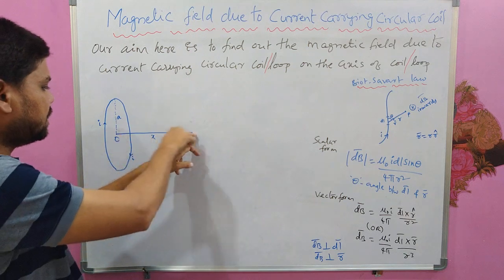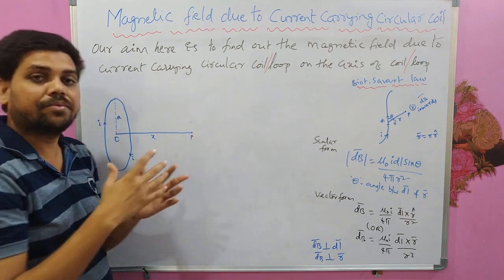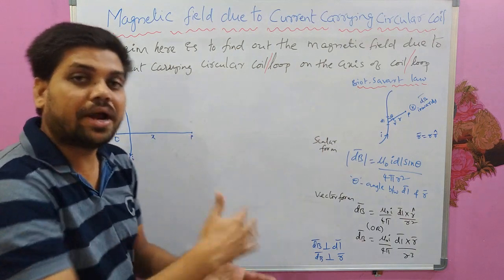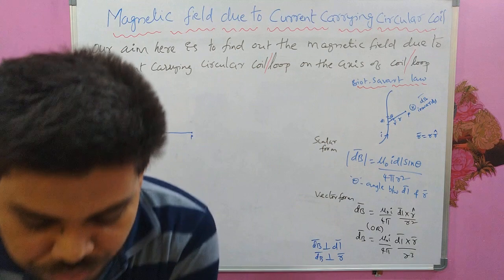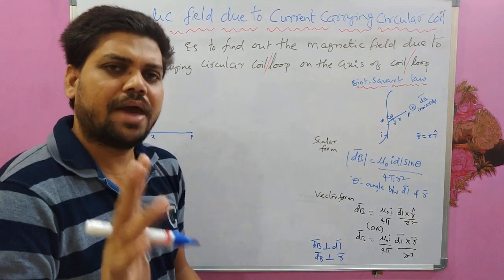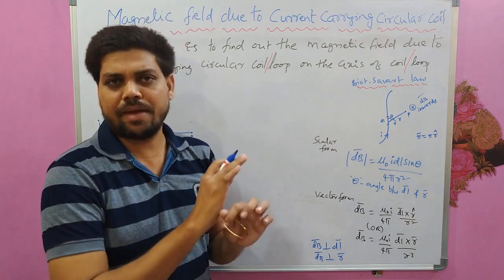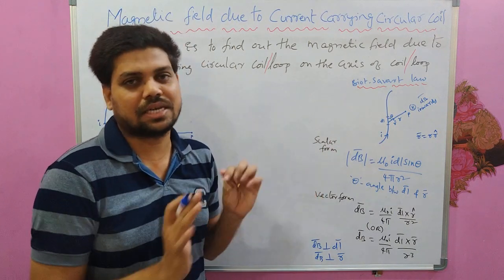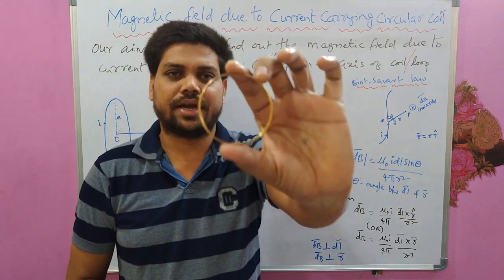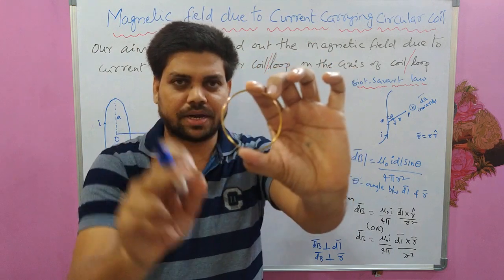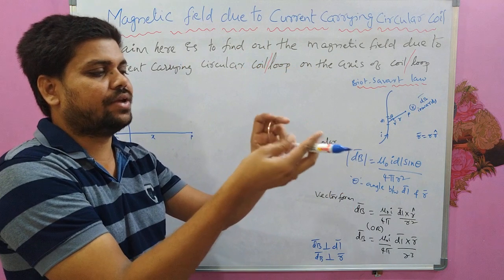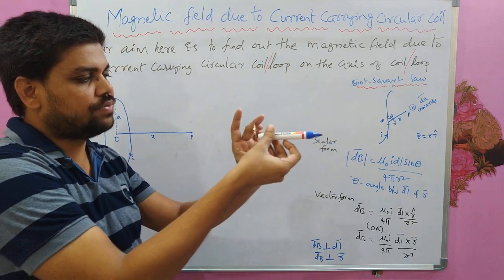For example, if this is the axis of this circular loop, I am going to calculate the magnetic field at this point P, and point P is on the axis. How to imagine this? In this lecture, you are going to imagine many things. Without your imagination, you are not going to understand this lecture. Consider this as a current carrying coil or loop through which some current is flowing, and I am going to find out the magnetic field on the axis of this loop.